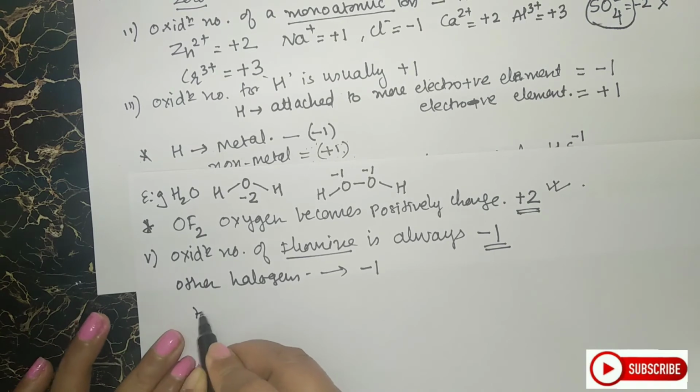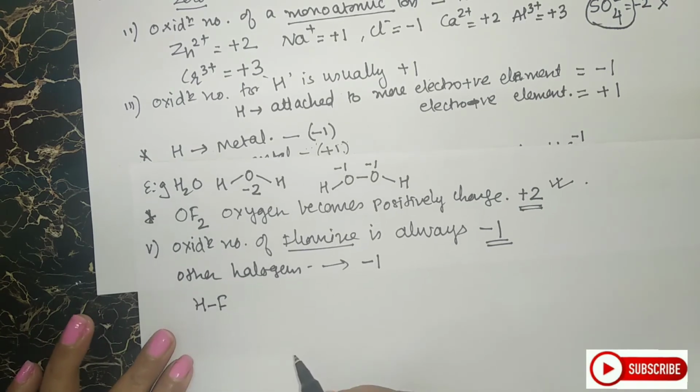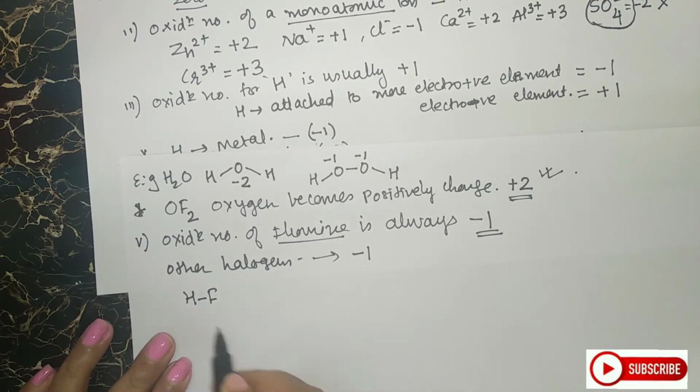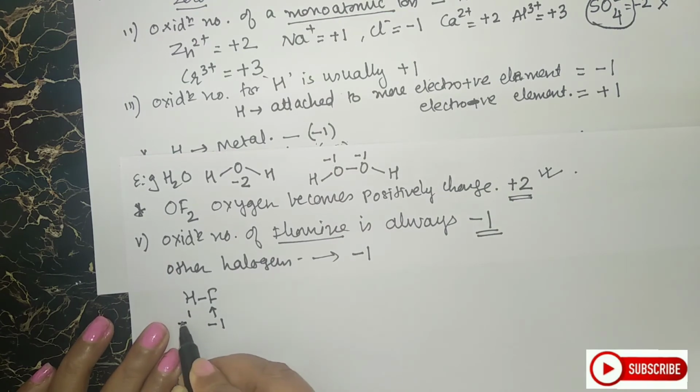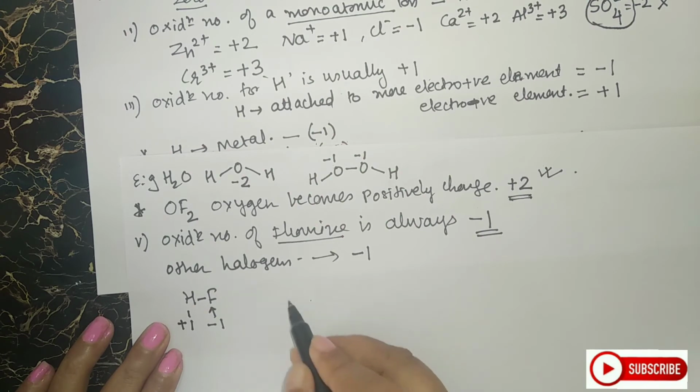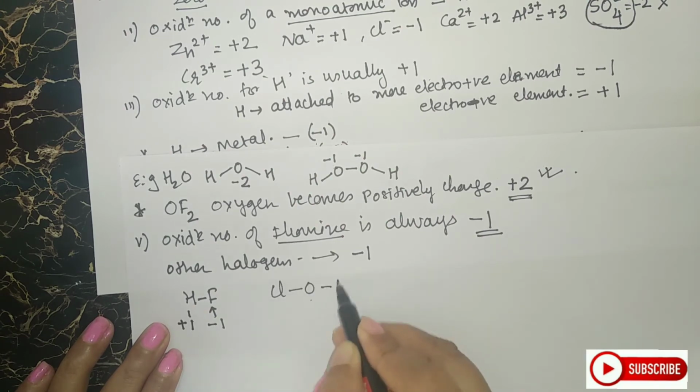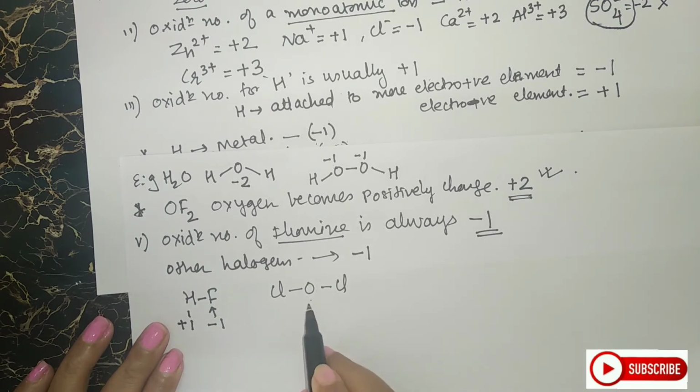The first example I have here is hydrogen fluoride, that is HF. Here fluorine oxidation number is -1. Hydrogen, as we have seen in the previous rules, will be +1. Let us take one example of ClOCl. You know that halogens usually exhibit -1 oxidation state, but here oxygen is more electronegative and therefore oxygen here is -2.